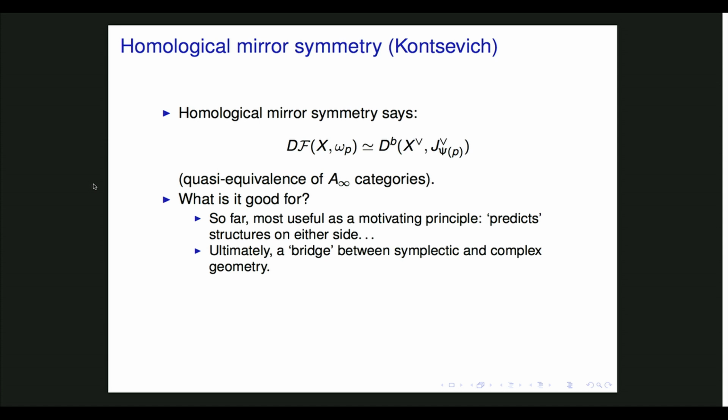We hope ultimately that we'll have a proof of homological mirror symmetry, and it will provide some kind of bridge between symplectic and complex geometry. Like if we prove a theorem in complex geometry, we'll automatically get a theorem in symplectic geometry by mirror symmetry.